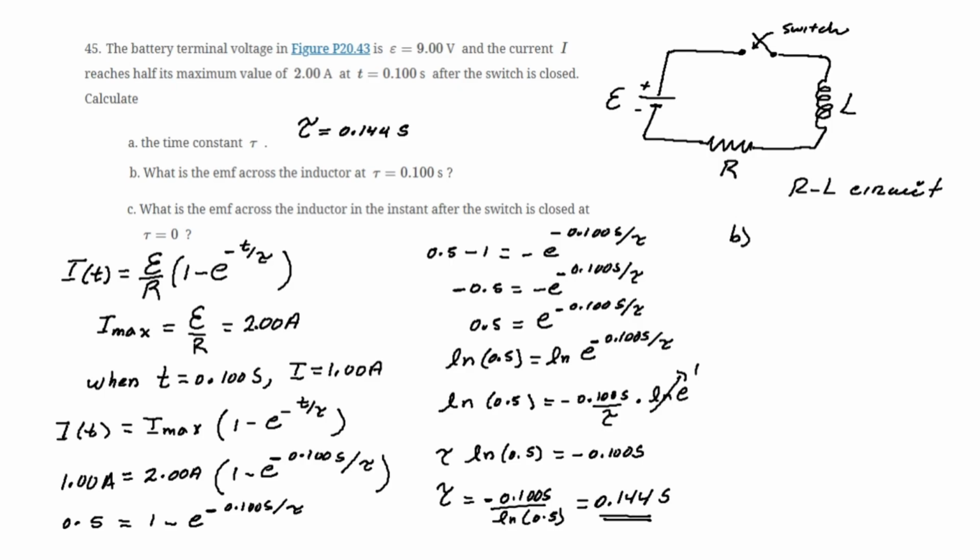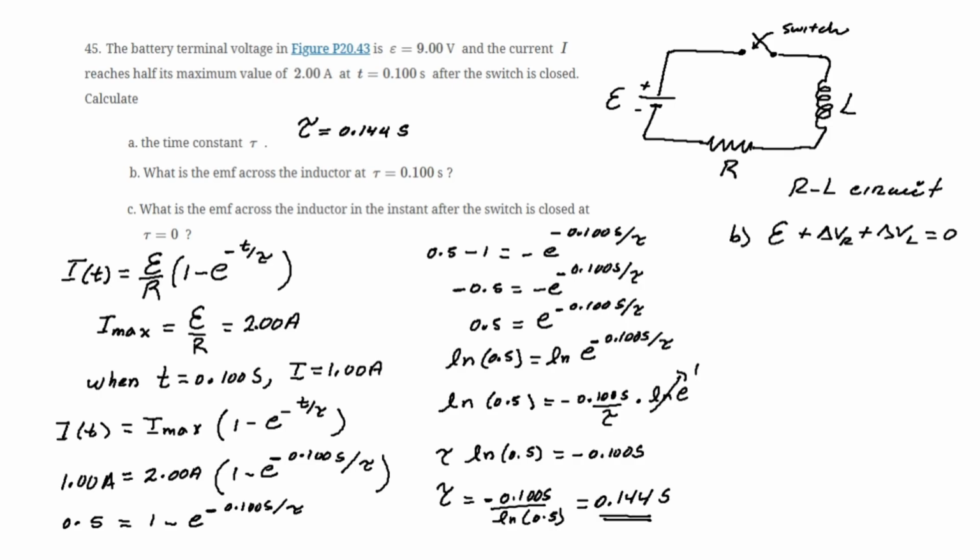So the electromotive force plus the drop of voltage across the resistor plus the drop of voltage across the inductor needs to be equal to 0.